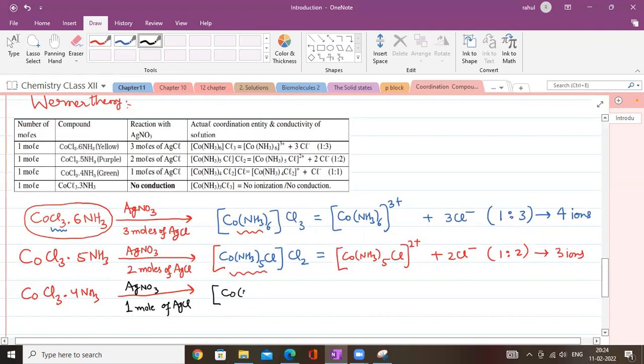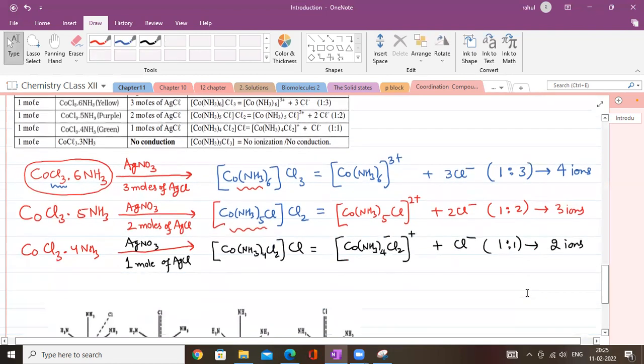So he concluded that the compound will be [Co(NH3)4Cl2]Cl, and only 1 chloride is outside the coordination entity, which on ionization will give [Co(NH3)4Cl2] plus chloride ion. That means it is in 1:1 ratio, and the total number of ions will be 2.